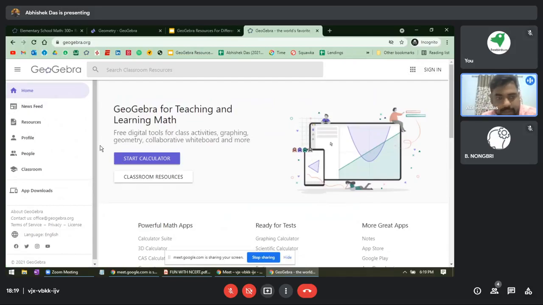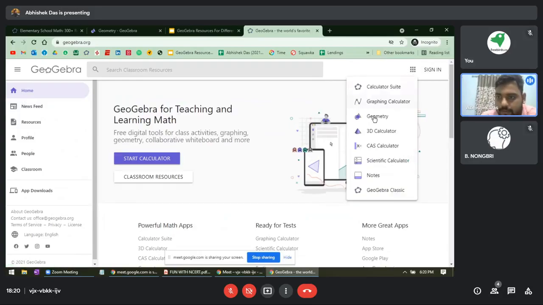So I hope today's session was helpful to you. I'll be sharing some theorems with you, some mathematical theorems from class 7 to class 10. Now, what I'd like you to do is use GeoGebra and try to prove these theorems. All right. You can go and play around with this GeoGebra app.